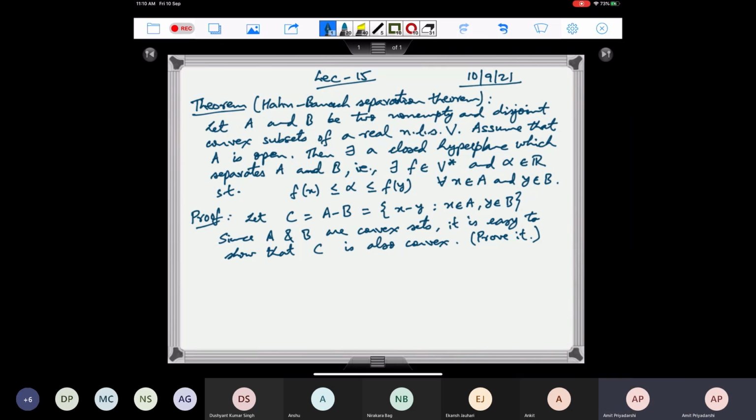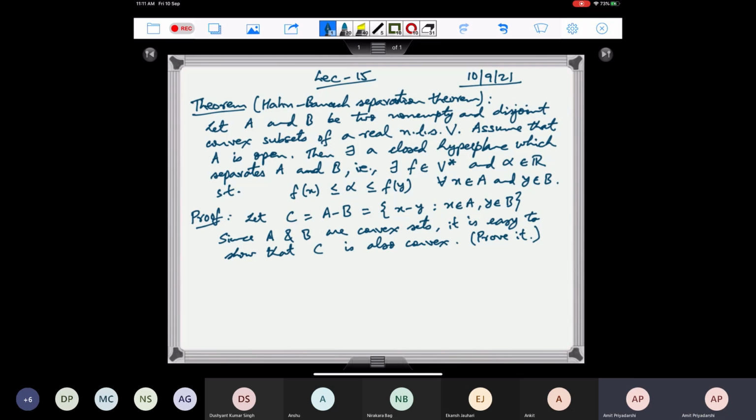Again, B is convex, so that is also in B. And then this point is in A minus B, so it is in C. So the sum or difference of two convex sets is also convex. We get this in any vector space.